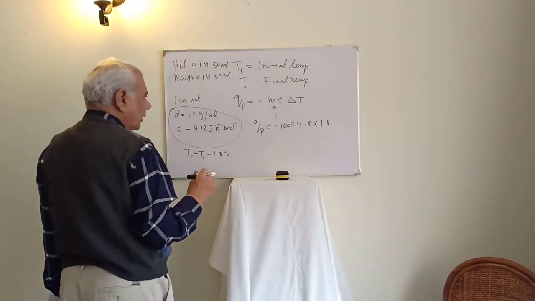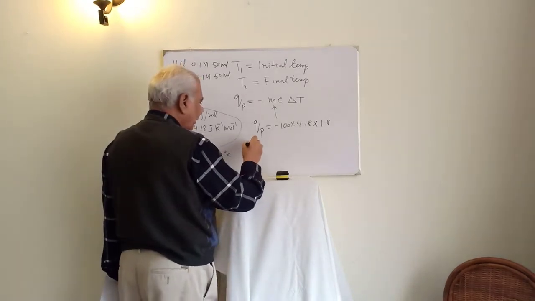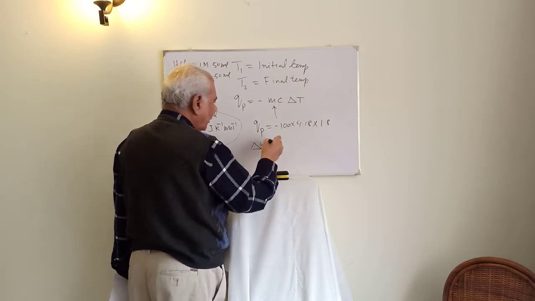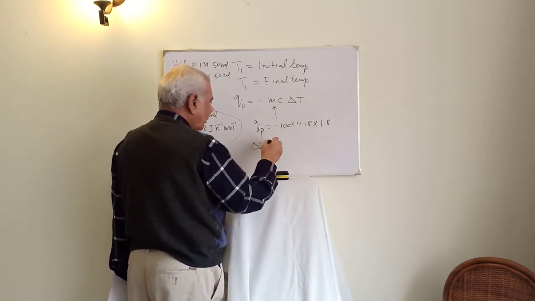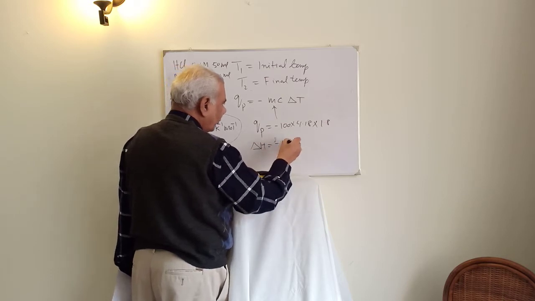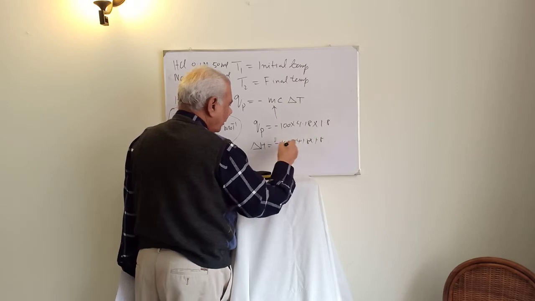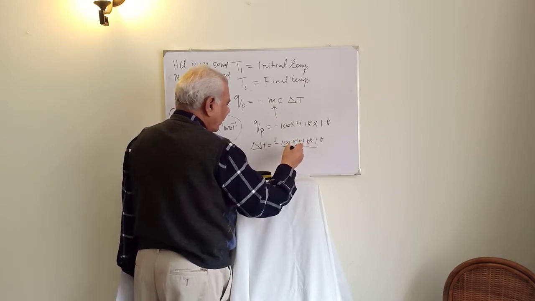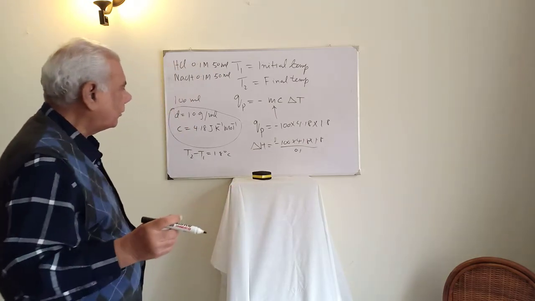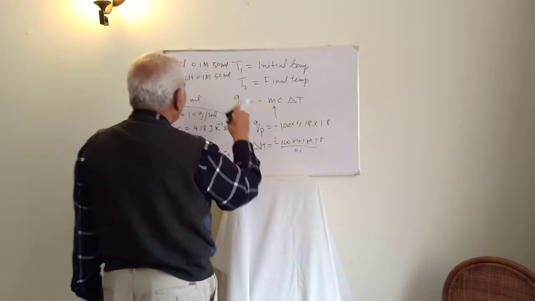Okay. So now we can measure delta H as minus 100 into 4.18 into 1.8 over the 0.1. So that will give you the delta H, the heat of neutralization.